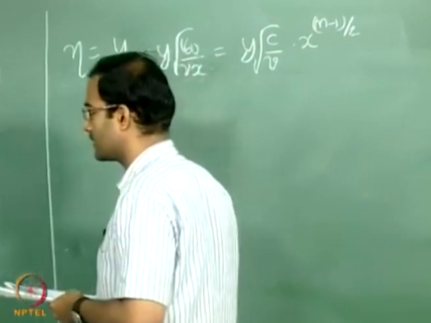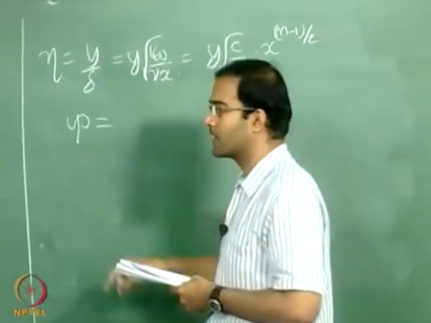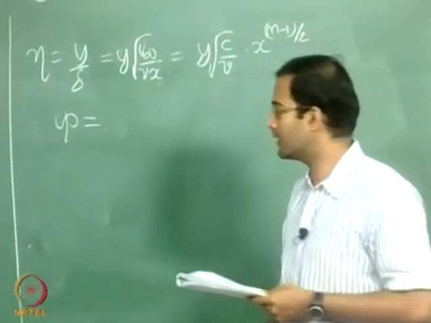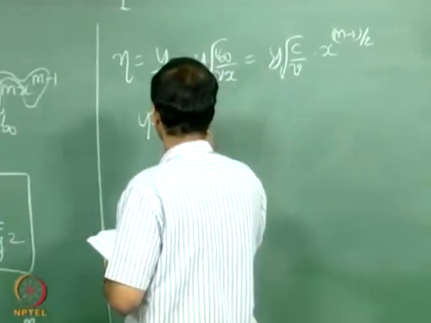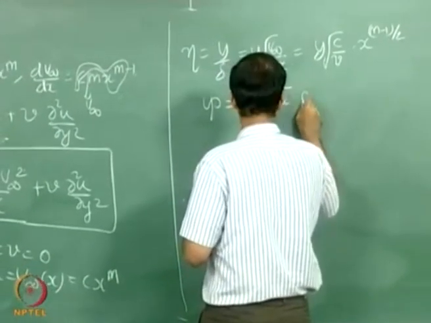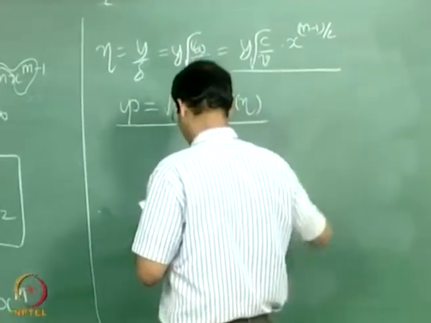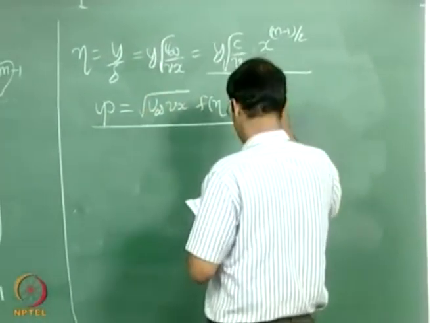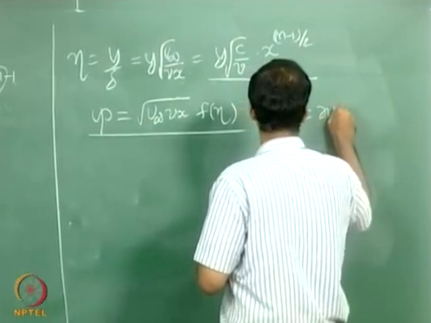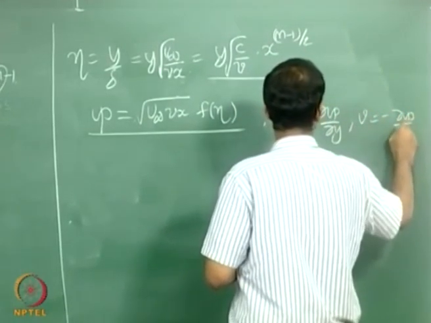Also we can define the stream function and show that it is a function of eta, the same way that it was for the flat plate. So those things remain unchanged, where your stream function is defined such that u is equal to d psi by dy, v is equal to minus d psi by dx.